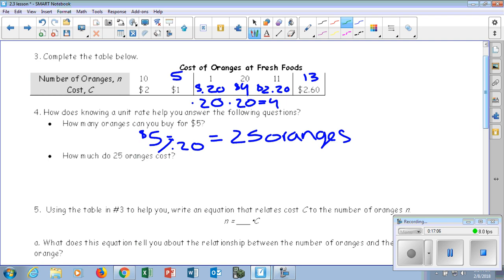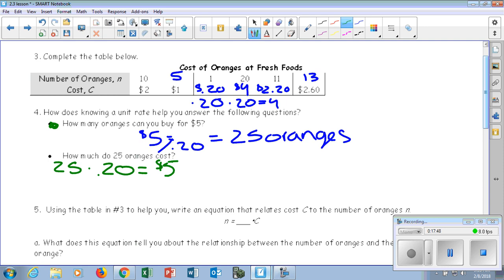It's like the top one, number 4. Oh, so you just looked at that because it's the opposite. What we could do is 25 oranges, and we can multiply that by what one orange costs to give us our $5, or exactly what Stephanie says in this first bullet under 4. It's just the opposite. Multiply that by what one orange costs to figure out the total cost of 25.